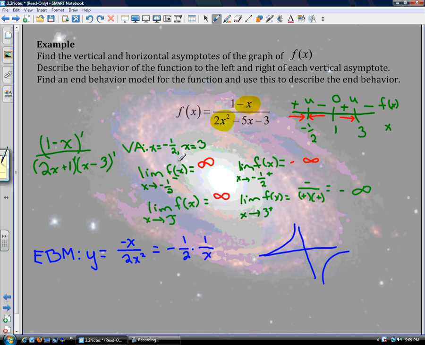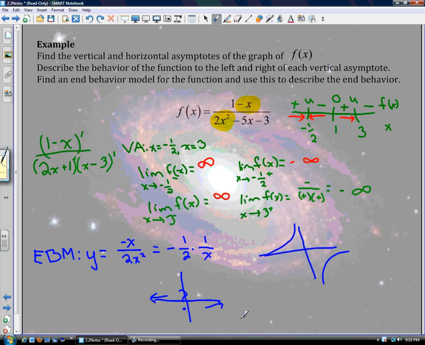That means that whatever this function looks like when I graph it, well, I have two vertical asymptotes here, but I don't care when we're talking about end behavior, right? The end behavior of this model is going to approach the x-axis to the left, from the positive side even, and to the right, it's going to approach the x-axis from underneath. And who cares what it looks like inside, right? We're going to have vertical asymptotes, whatever.